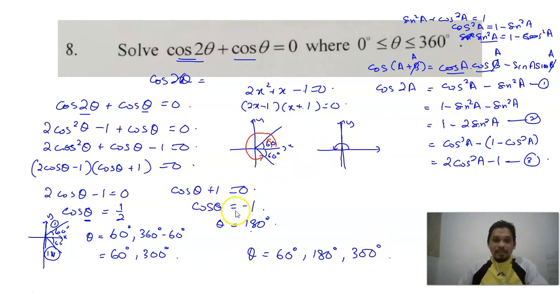For cos theta equal to negative, we're talking about angles in the second and third quadrant, but 180 degree is the border between them, so we consider this as a 1 here. So three angles: 60, 180, and 300 degree.